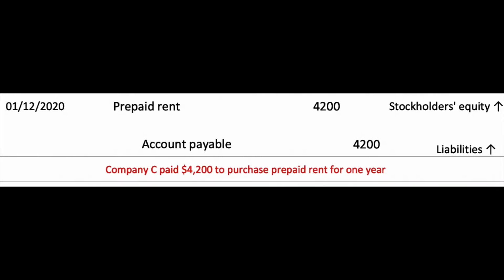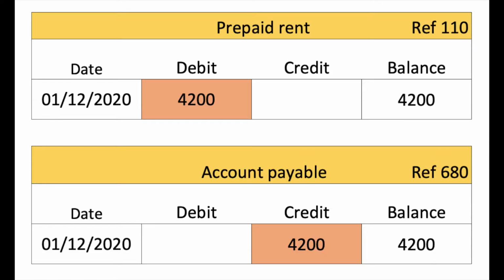The second transaction affects two ledger accounts, prepaid rent and account payable. Company posted $4,200 in account number 110 and $4,200 in account number 680.